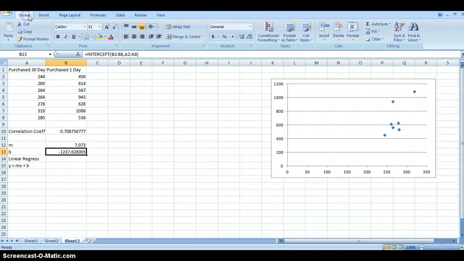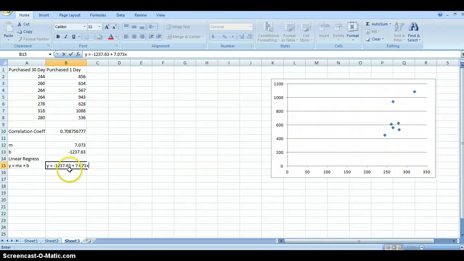Again, way too big, so we're going to drop that down to 2 decimal places. So that means that my linear equation is y equals negative 1,237 and 63 hundredths plus 7.073x for the unknown.